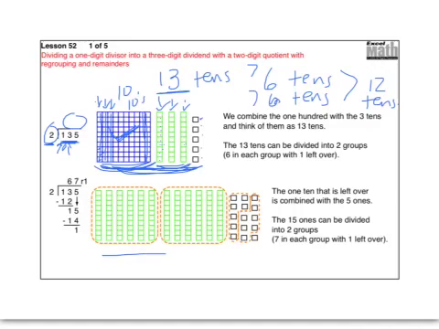And that's what they show you a picture of down here. Here's the tens all broken up, and we've got 1, 2, 3, 4, 5, 6 tens right there in one group, and then we've got 1, 2, 3, 4, 5, 6 tens in the other group, and then we've got the ones right here that represent that 1 extra 10.